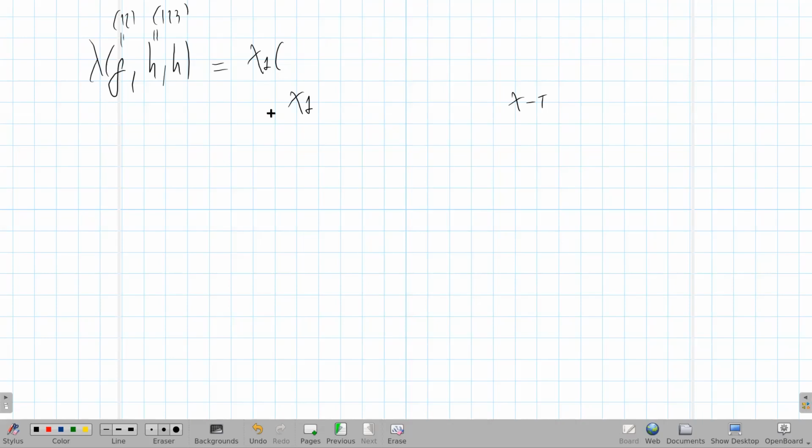So we have to compute chi1 of 1, 2, then chi1 of 1, 2, 3, and then chi1 of 1, 2, 3 inverse, because that's the formula. And this is the same with chi-1.